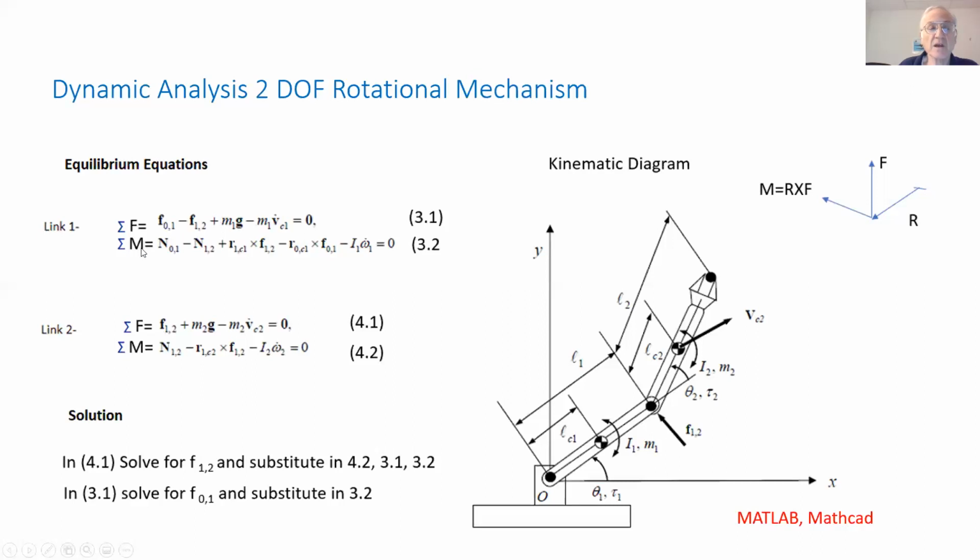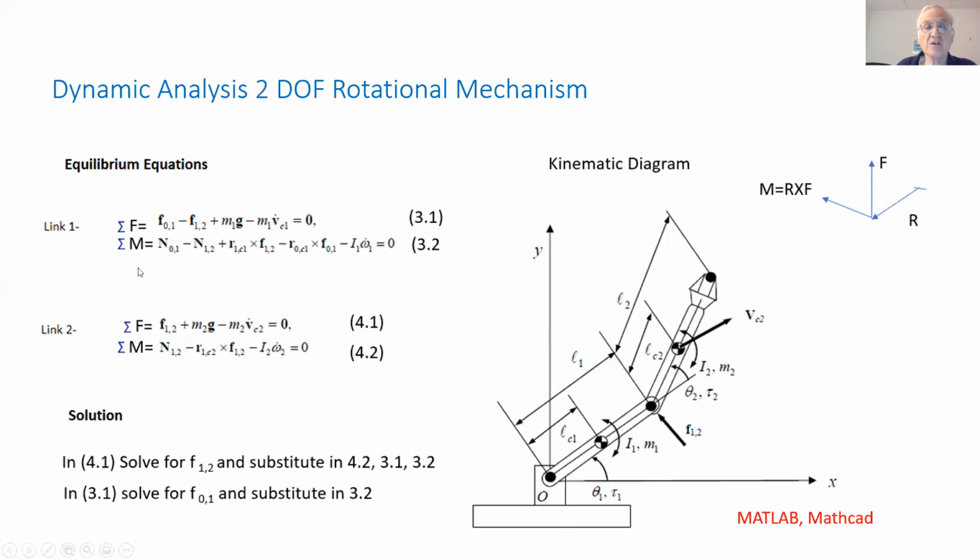And then we have the summation of moments of the first link, which equals the moments at the joints, which are applied by the frame, or by the adjacent joint, or by a gripper or by a work piece.